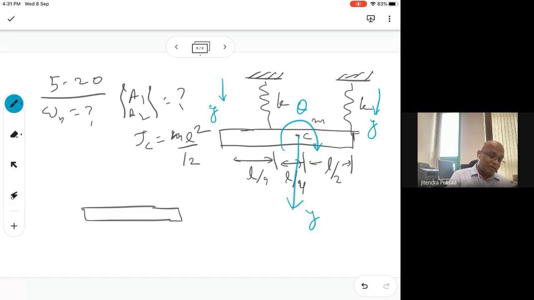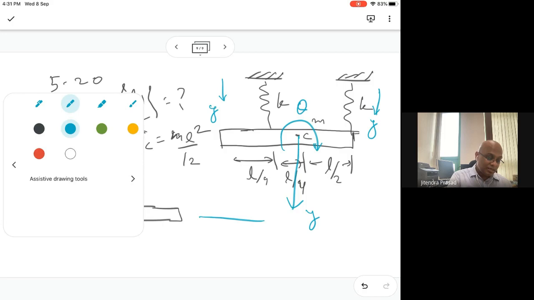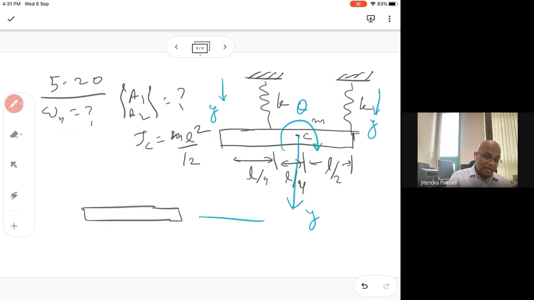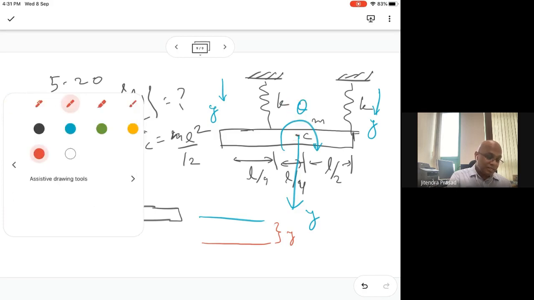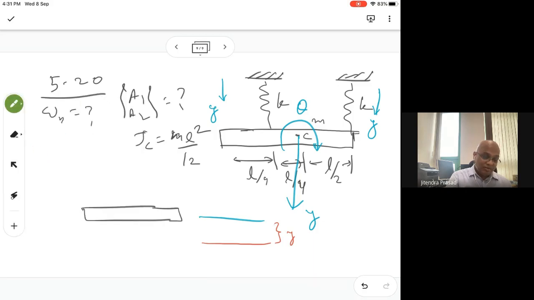From here we are starting, and from there we are coming down, and the value here is y, and then after that there is a rotation about C, which is by theta.